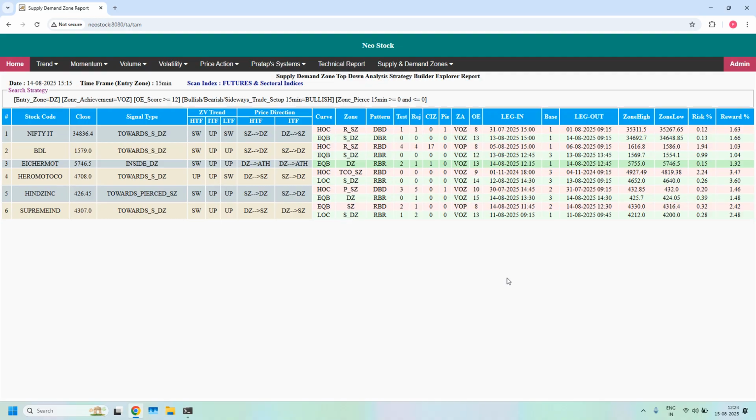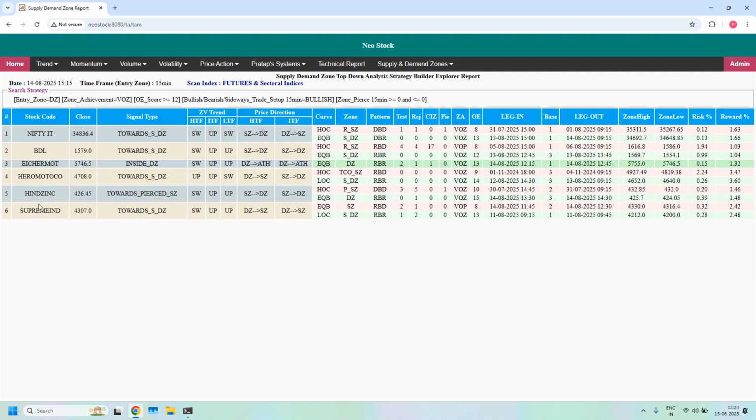Out of these 6 15 minutes demand zones, how many are having more high probability to get success? That we will identify based on different zone confluence and EMA confluence strategies that you learned in lesson 27. The first strategy is LTF and ITF demand zone confluence, and then ITF EMA confluence.